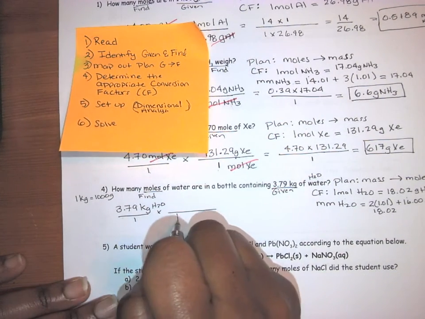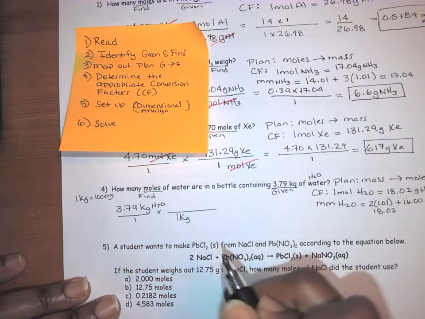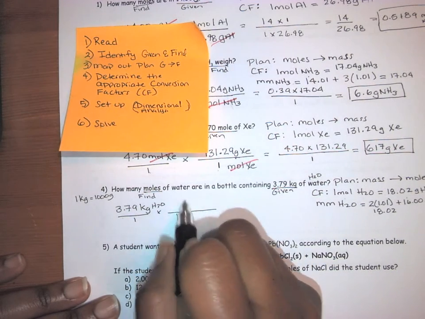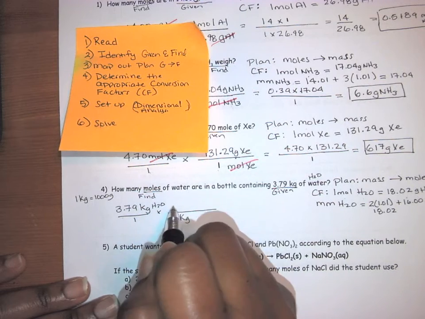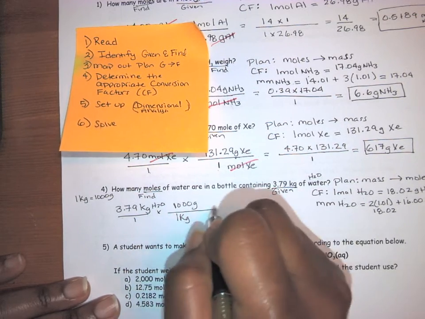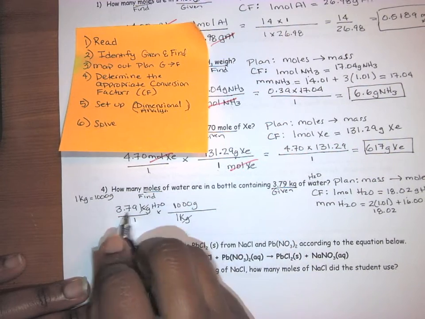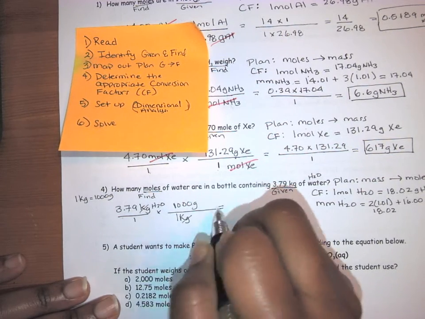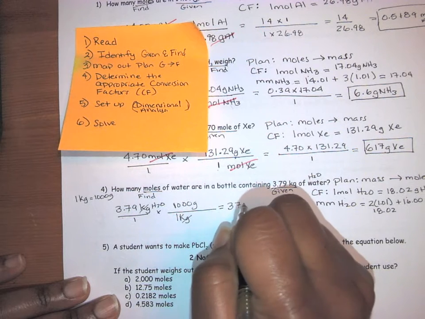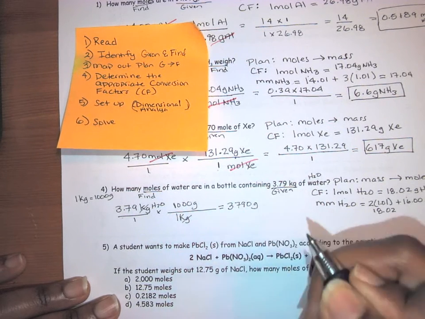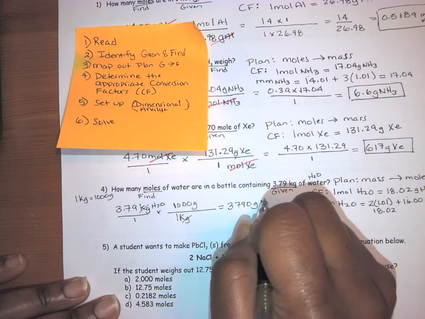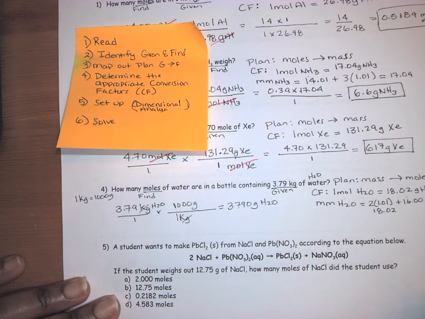So I would put 1 kilogram in the bottom of this conversion factor fraction, and then 1,000 grams on top. Then the kilograms will cancel out, and I'm multiplying these two numbers. So that means I'm starting off with actually 3,790 grams of H2O.